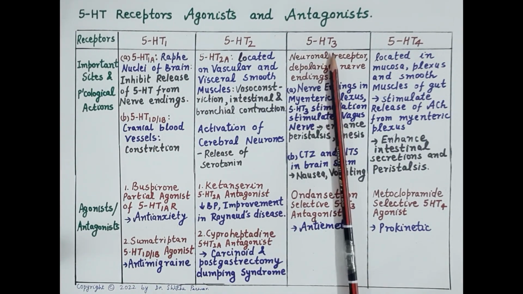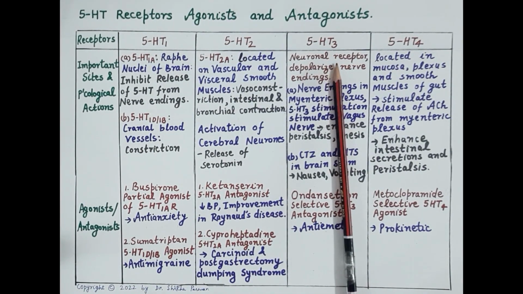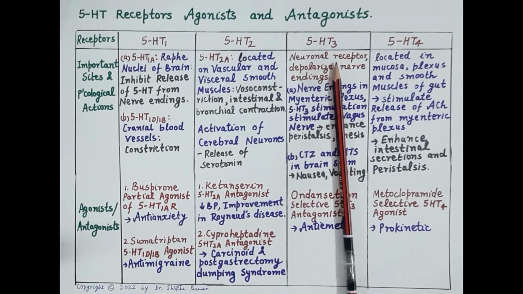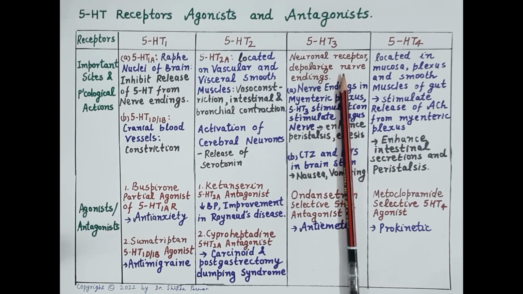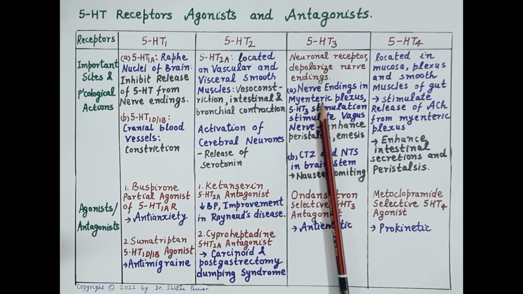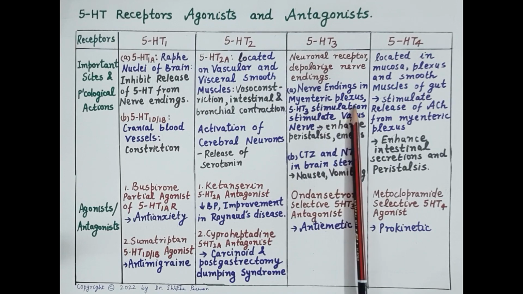Now, next are the 5-HT3 receptors. These are the neuronal receptors, and stimulation of 5-HT3 receptors depolarize nerve endings, producing release of serotonin, and that further produces excitatory response. Now, 5-HT3 receptors are located on the nerve endings in the myenteric plexus. Now, myenteric plexus is a network of neurons located in the wall of GIT.